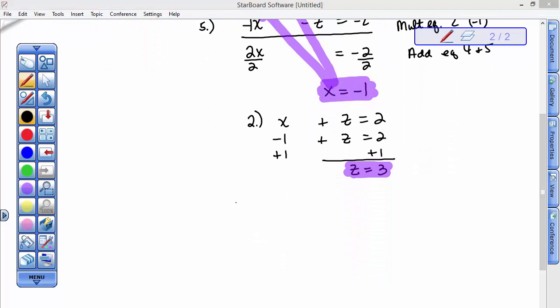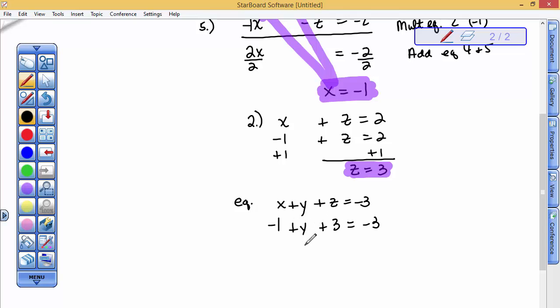So equation 1 reads x plus y plus z equals a negative 3, and I know x is a negative 1. I know z is 3. Those two numbers are on the left side of the equal sign, so I'm going to combine them. A negative 1 plus 3 is 2.